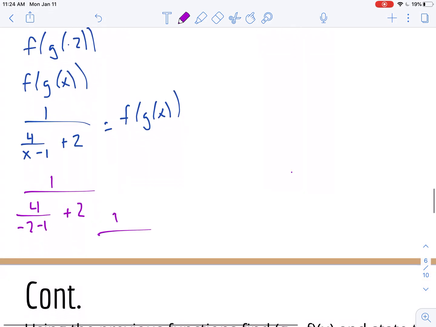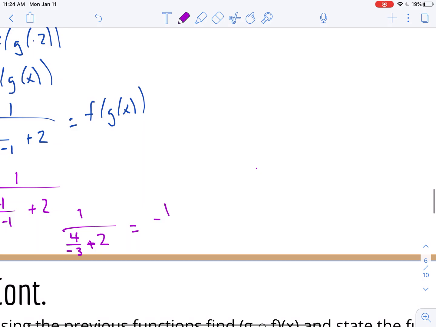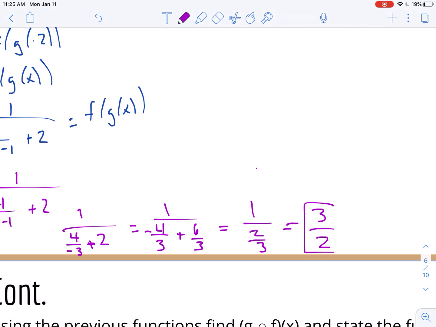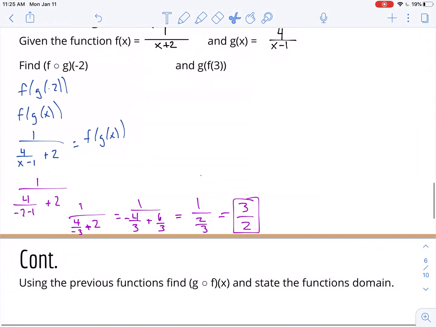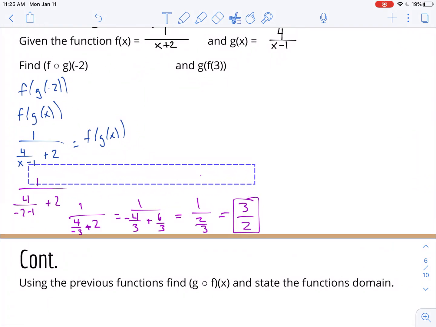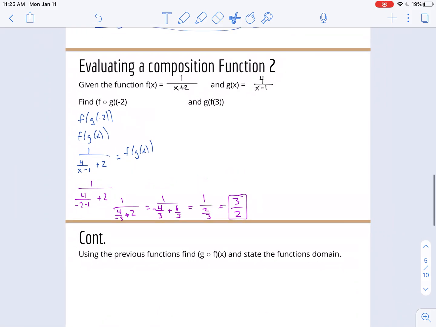So this is 1 over 4 over negative 3 plus 2, which is equal to 1 over negative 4 over 3 plus 6 over 3, which is equal to 1 over 2 over 3, which is equal to 3 halves. So my answer here would be 3 halves. Once I've figured out my composition function, I can plug it all in, and that would be what my answer is.